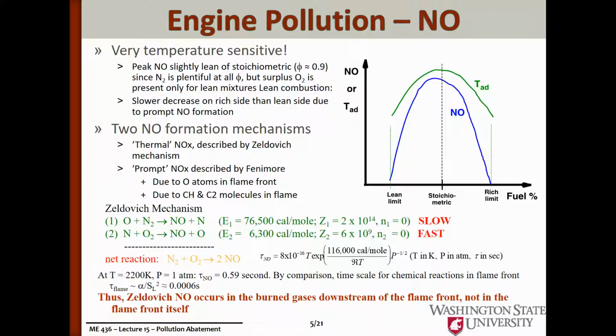Introducing NOx production. I showed this graph before. It's very similar to the flame temperature, just like flame speed. There's a very strong correlation of nitric oxide production to what the flame temperature is.